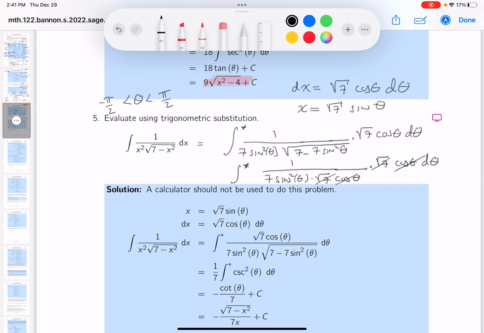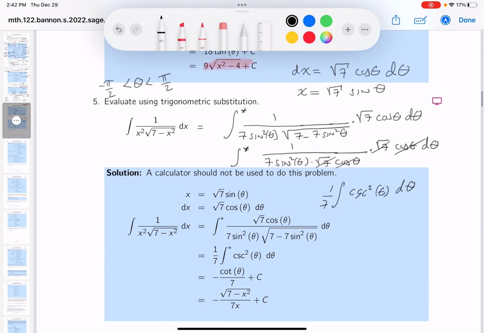And then I'm left with 1/7. And then I see 1 over sine squared, which is cosecant squared theta d theta.